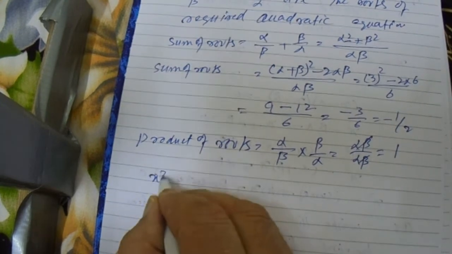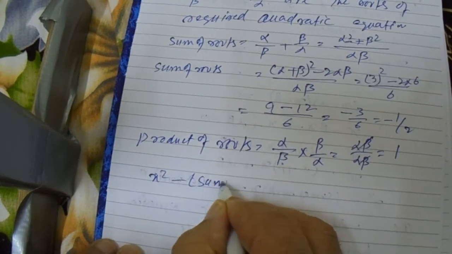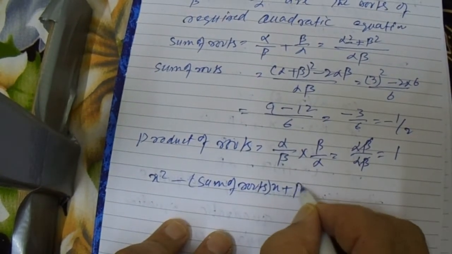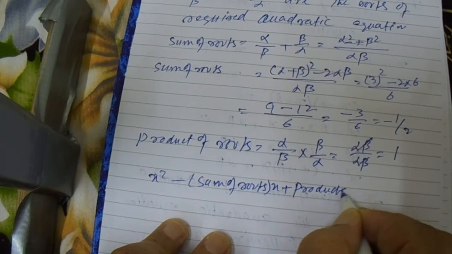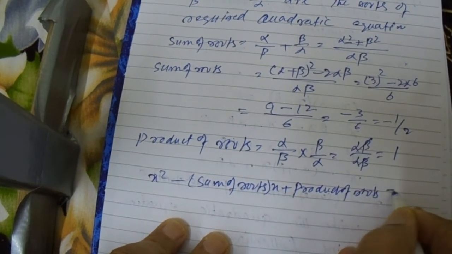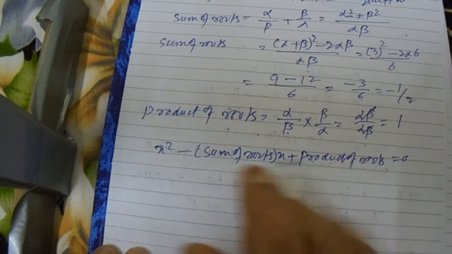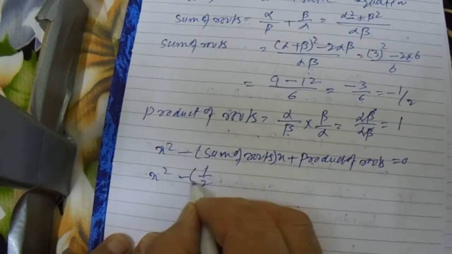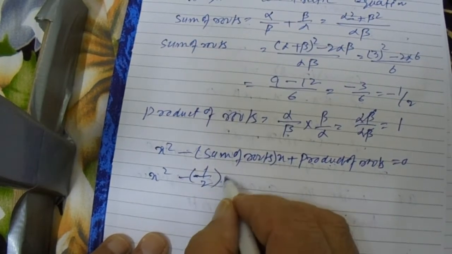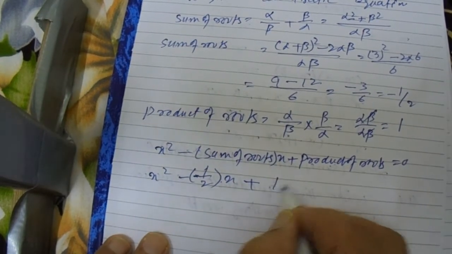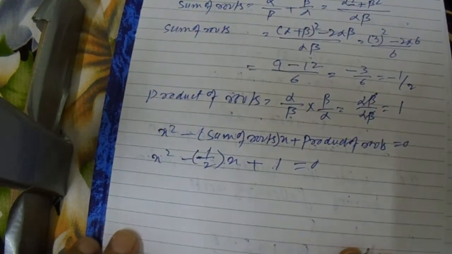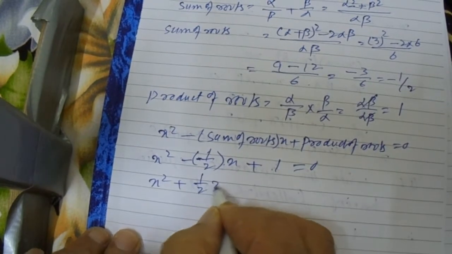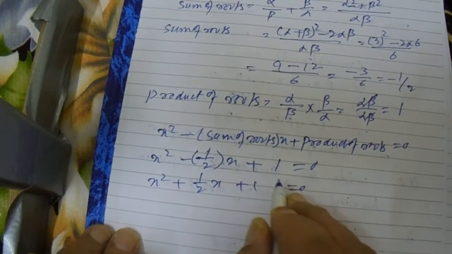Now we write the required equation: x square minus sum of roots x plus product of roots is equal to 0. Now put this value here, x square minus minus 1 over 2, and this minus also makes minus, x plus 1 is equal to 0, and x square plus 1 by 2 x plus 1 is equal to 0.